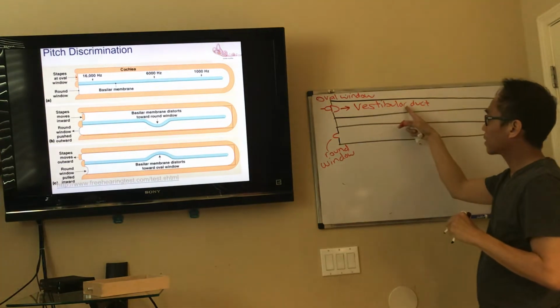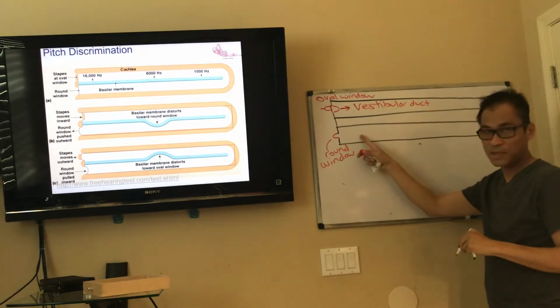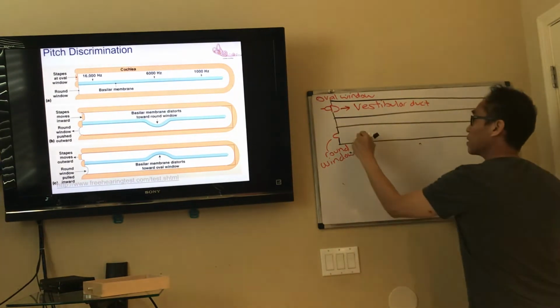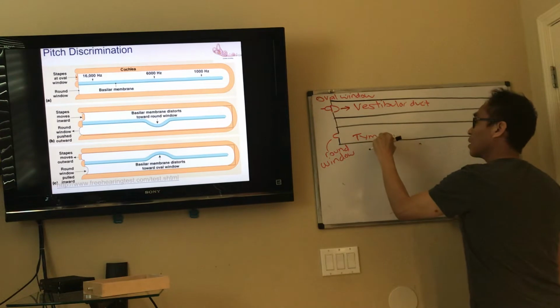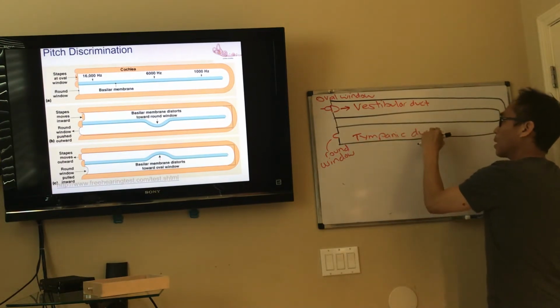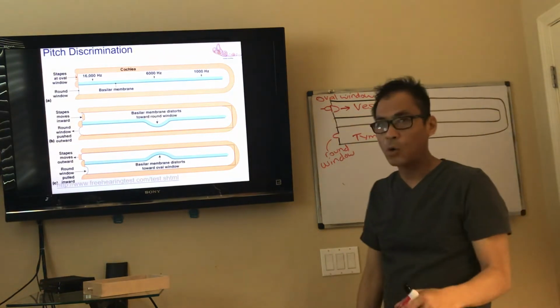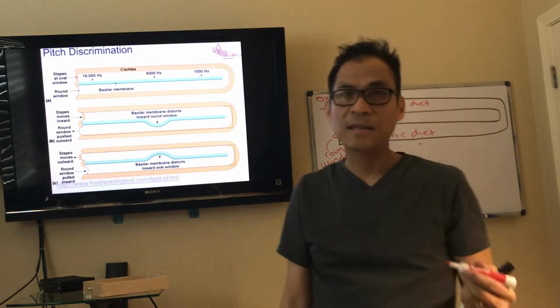When you get to the end here and go back, this is the tympanic duct. And this middle row here is your cochlear duct, or your scala media.